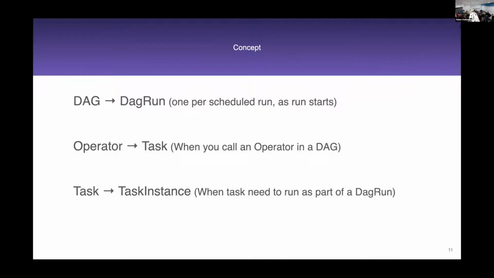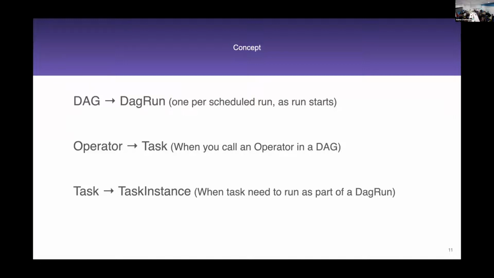Okay, so I want to discuss a little bit about some concepts of Airflow. A DAG is just a template for writing your workflow. When your DAG actually starts running, or you can say it's scheduled, your DAG is converted into a DAG run. An operator is a kind of template for writing your task.